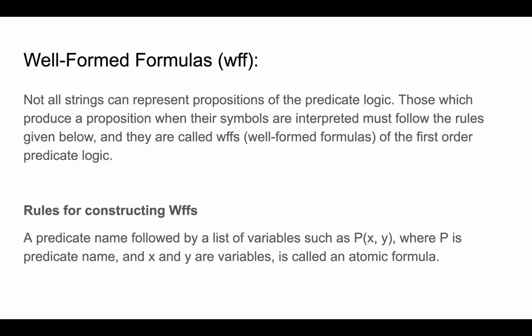Predicate means a proposition or statement that we are going to prove with the help of a truth table, and x and y are its variables. So P(x, y) will be called an atomic formula.